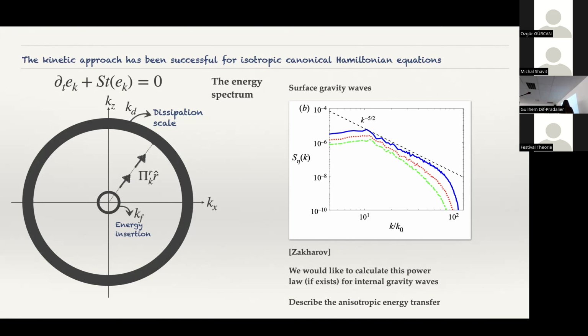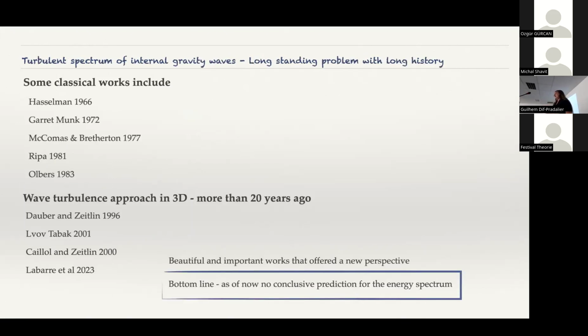And I'll remind you what we would like to understand. We would like to understand the energy transfer in the anisotropic system, how it behaves. And if we have a power law, then we would like to also compute this power law from the equations. And as I told you, there were attempts using the weak wave turbulence approach, because it seems like a really good problem for wave turbulence.